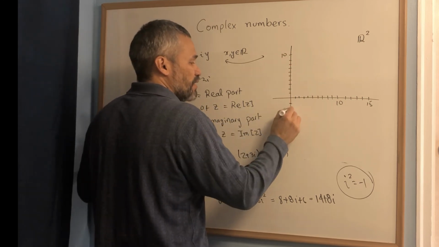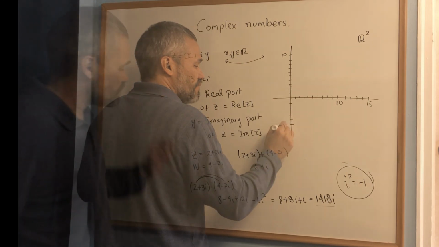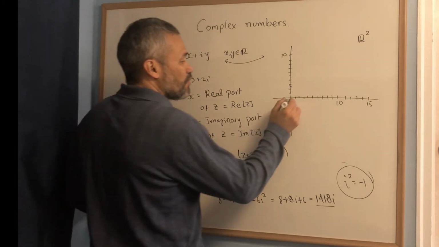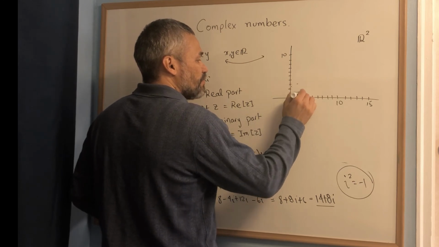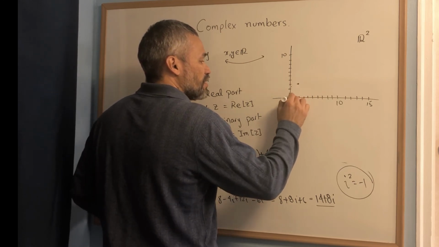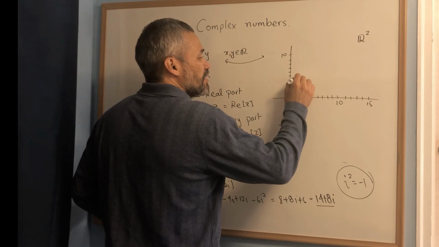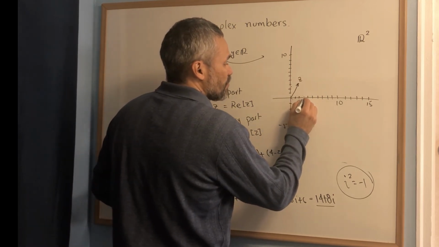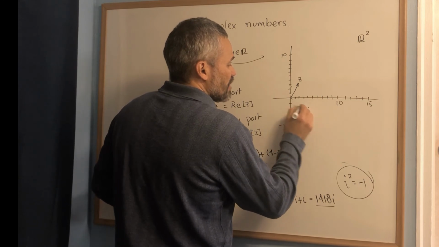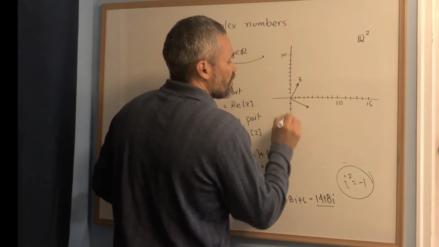And here we have -1, -2, -3, -4, -5. Then the vector c would be 2 plus 3i: 1, 2, and 3. This is c. And w is 4 minus 2i: 1, 2, 3, 4 and minus 2i. It would be here, right?